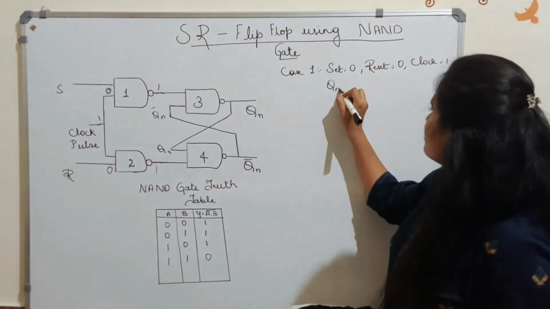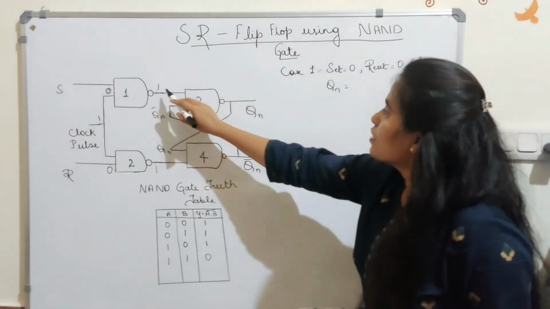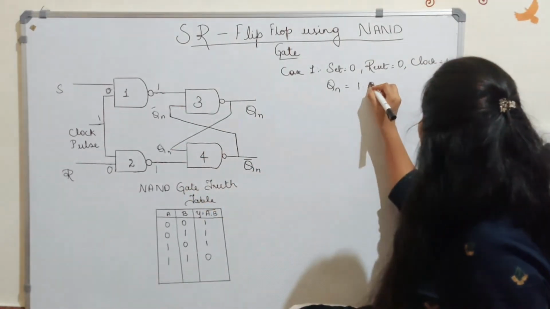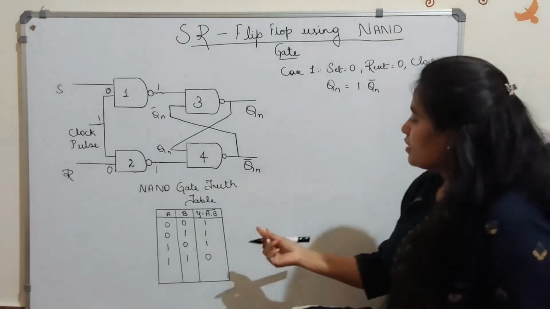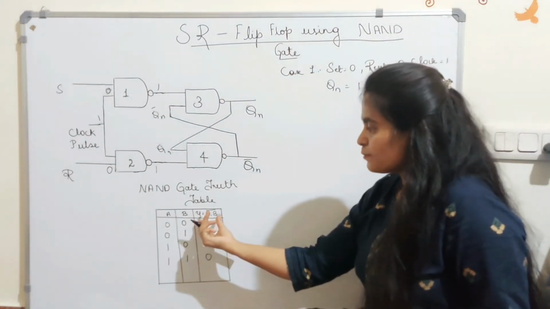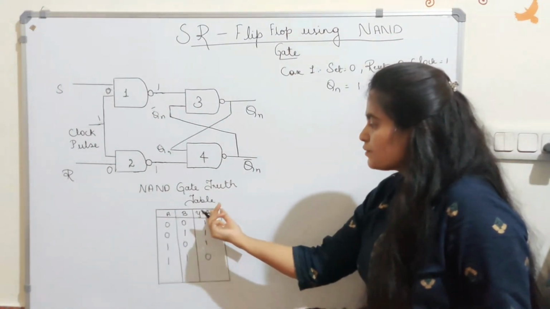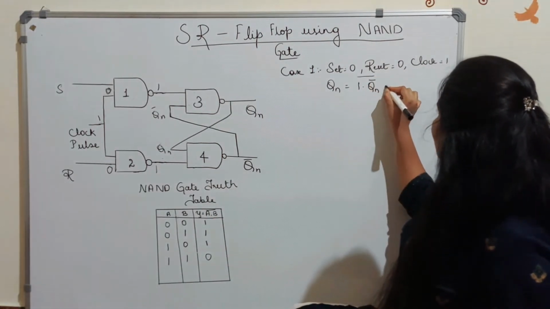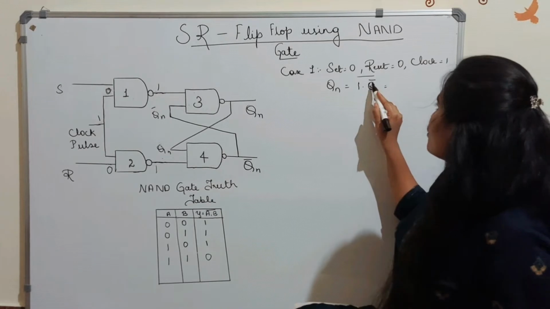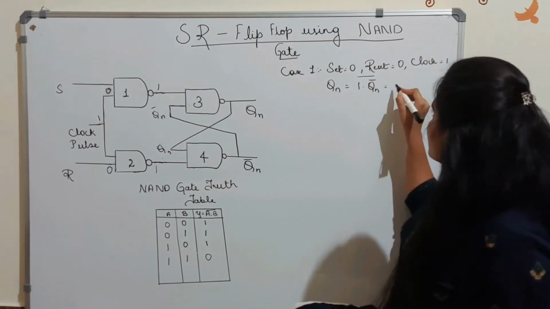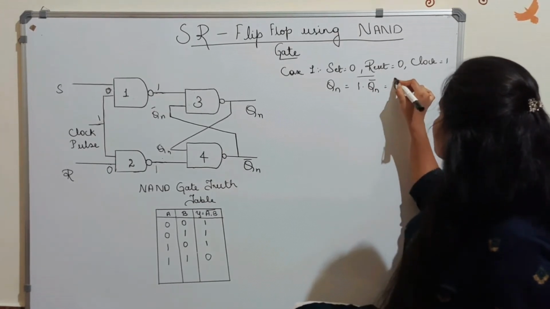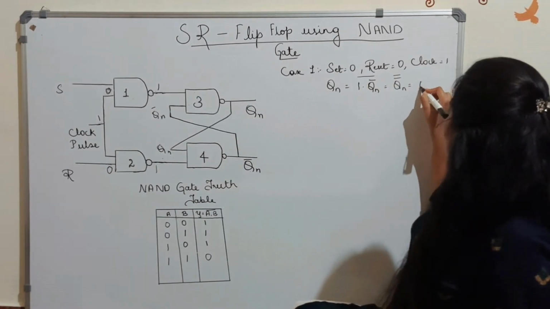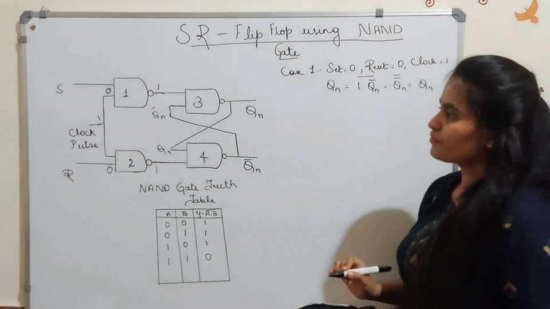So Qn is equal to, the first input is 1 and the second input is Qn complement. Taking the reference of the expression, Y is equal to A into B, the whole complement. I am complementing both the values. Now, Qn complement into 1 is Qn complement. I am writing this complement over here. So the answer is Qn.